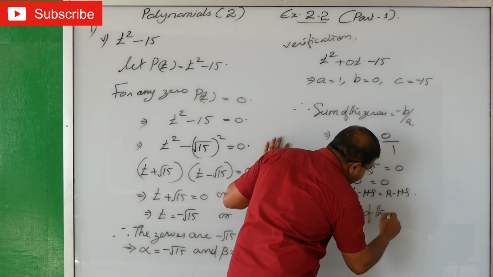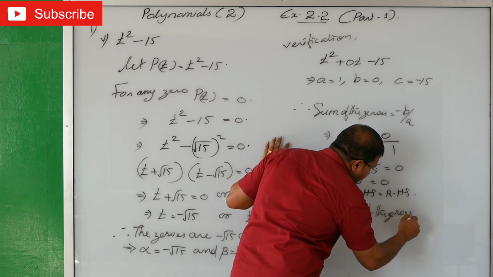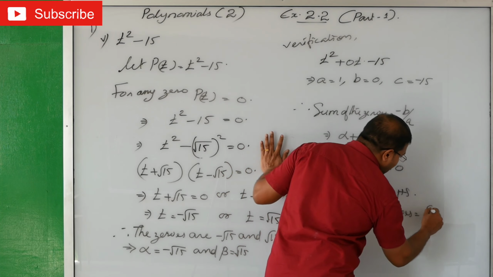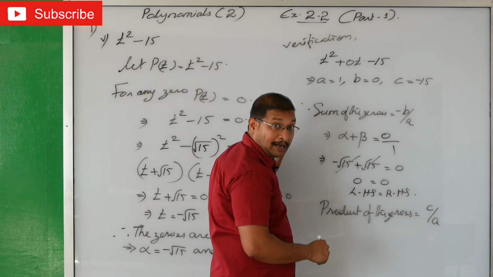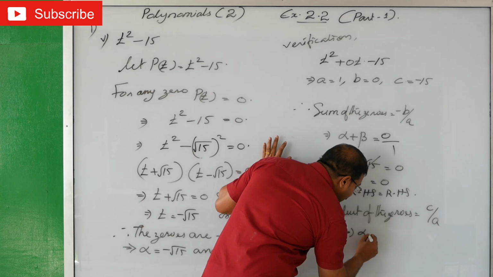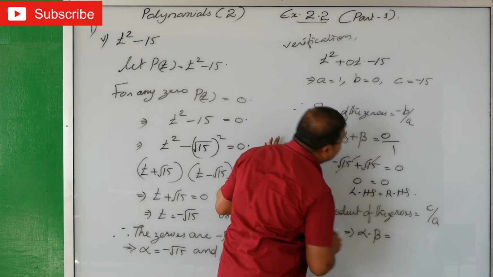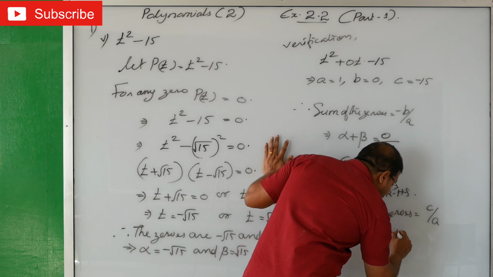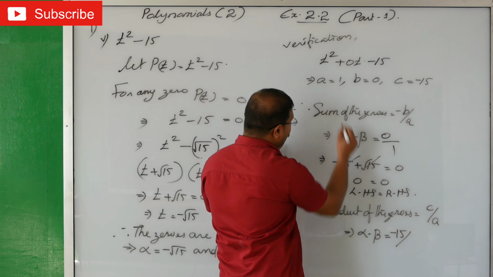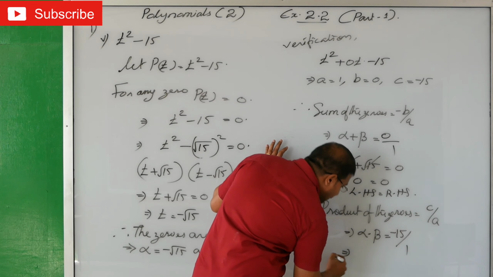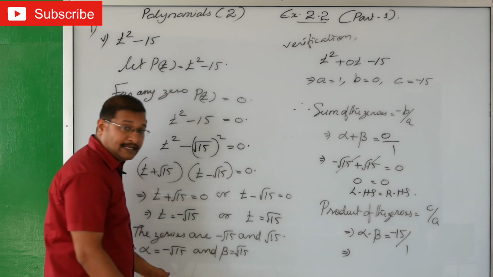Product of the zeros equals C by A. Multiplying, isn't it? That means alpha into beta equals, what is the value of C? That is minus 15 by A, which is 1. Alpha into beta means alpha is minus root 15.